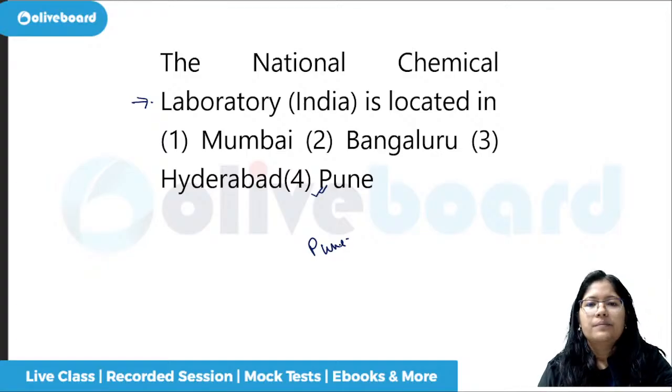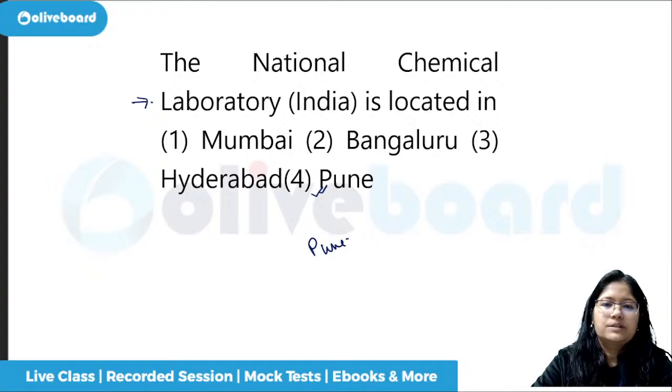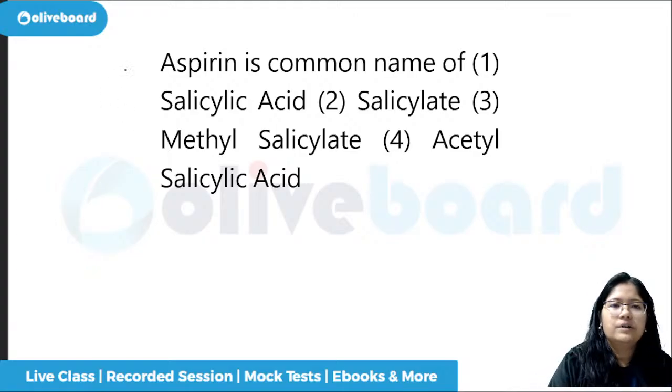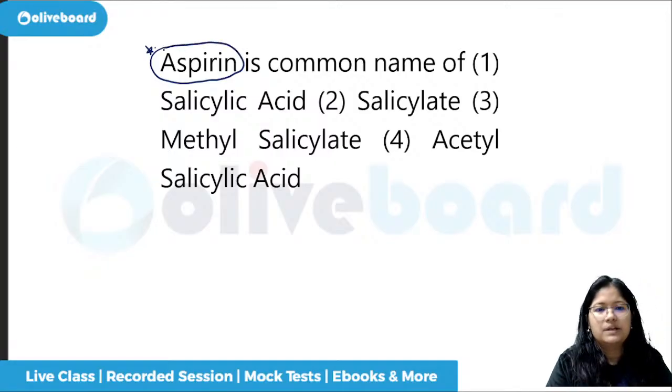Let us come to the next question. Aspirin, if you have heard about aspirin, why it is used? It is suggested that aspirin should be kept in the purse of those people who can suffer from any kind of heart problem. Aspirin is commonly named as salicylic acid, methyl salicylic acid, or acetyl salicylic acid?